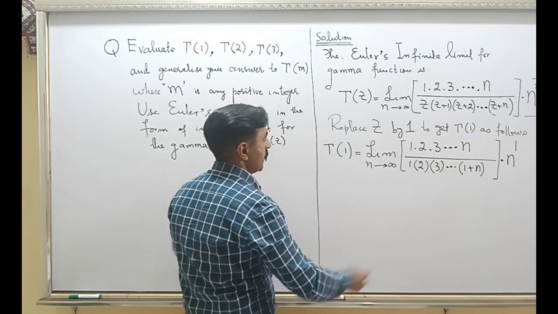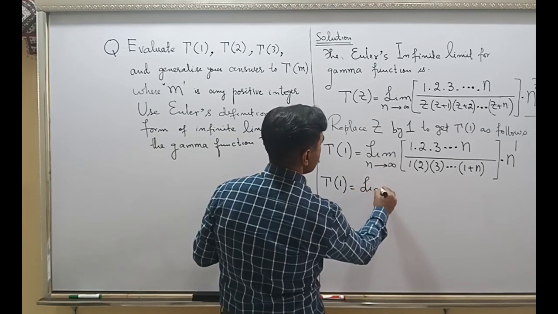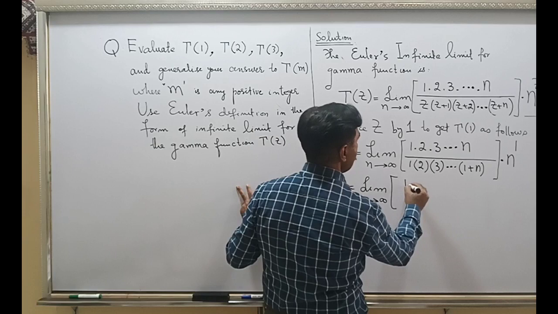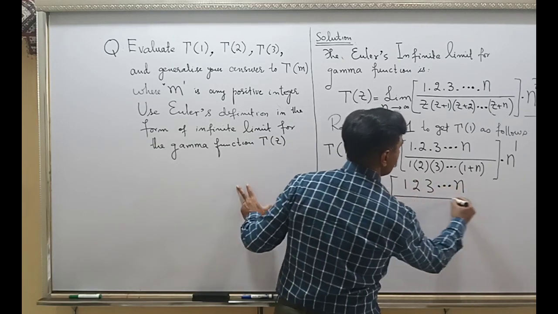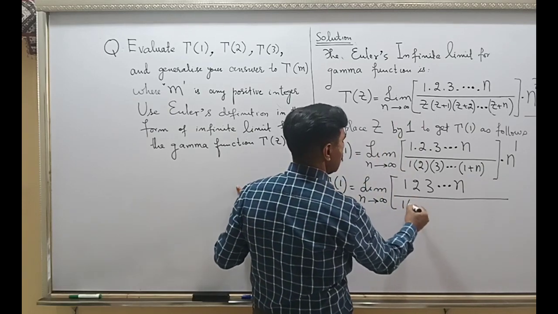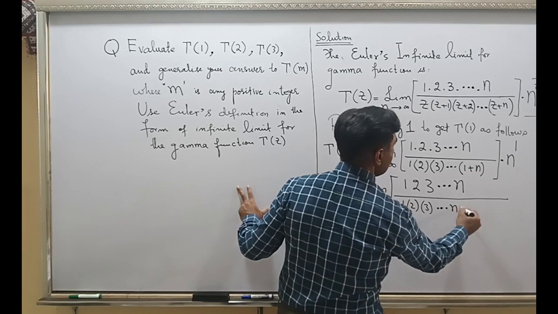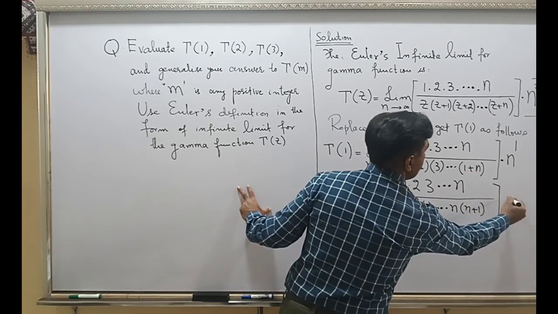So let's do this. Gamma 1 equals limit n approaches infinity. The numerator is the same as before, and in the denominator you have 1 into 2 into 3 dot dot dot n into n plus 1 into n.